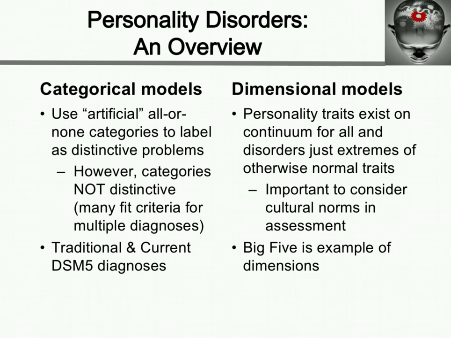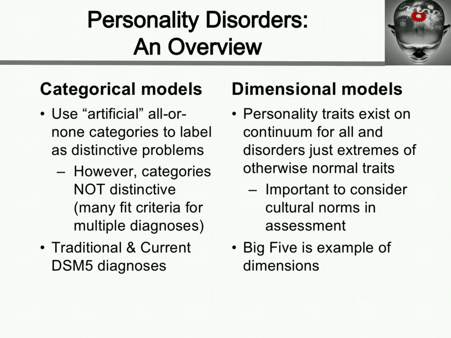The other issue is that if they are completely and totally different from everything else, then the categories should be very distinctive from one another. However, the current model has many criteria that overlap and apply to multiple diagnoses. And so there have been some problems identified with this categorical model.